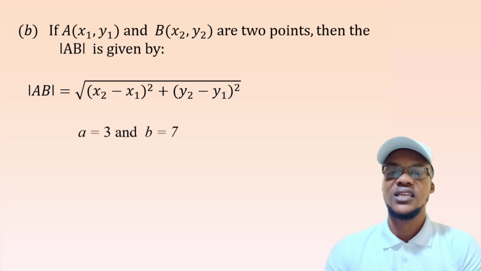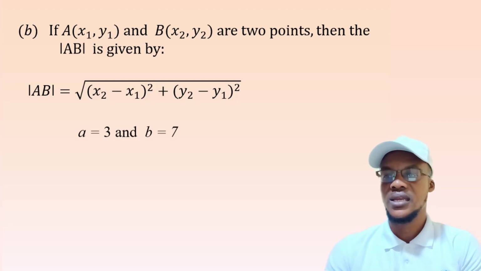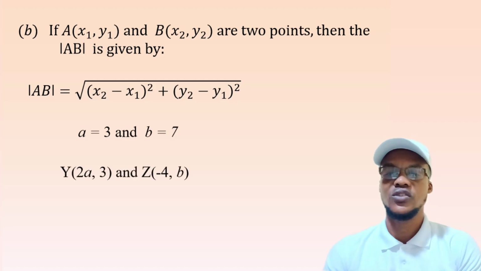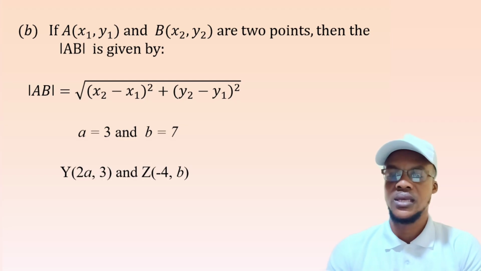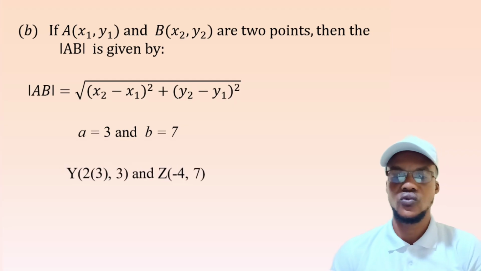We are able to find a and b, so we can substitute these values into y, which is given as 2a and 3, and z as negative 4 and b. So we can just substitute 3 for a and 7 for b. That is very easy to do.